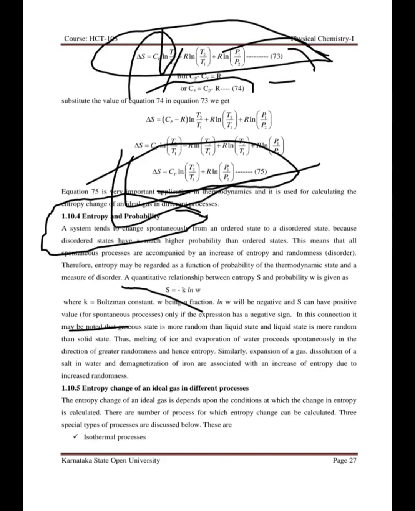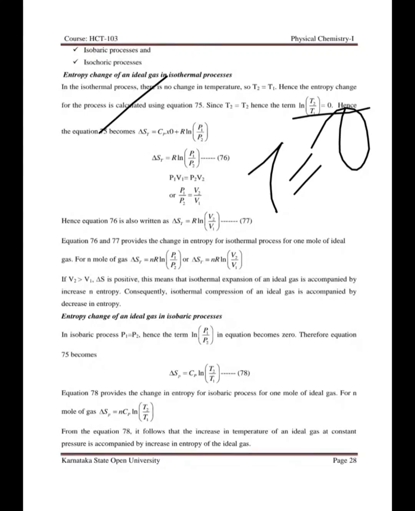We calculate it by keeping the temperature constant, that is the isothermal process. We put 0 in equation 75 where T is present, and we get equation 77.